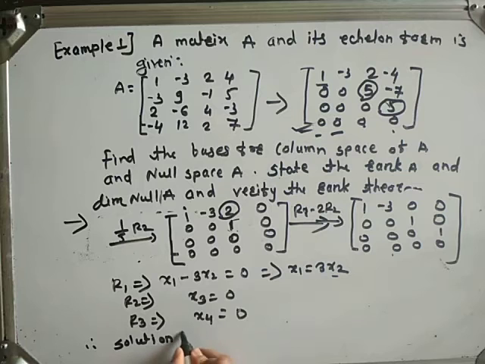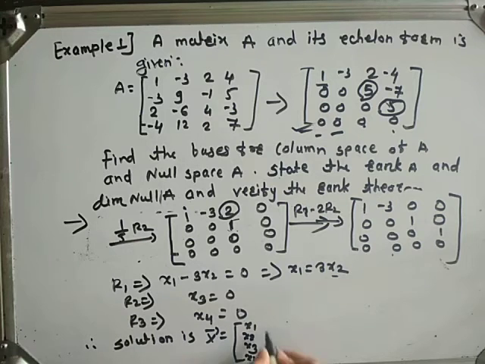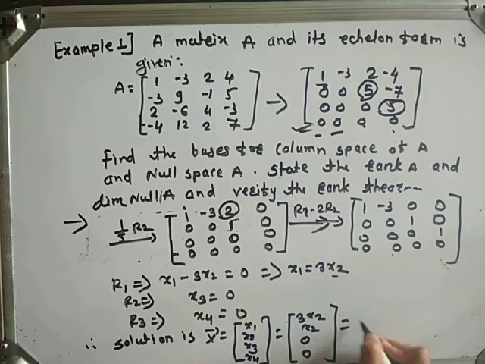Therefore the solution is x bar equals the matrix x1 x2 x3 x4, which is equal to the matrix 3x2, x2, 0, 0. This is nothing but x2 into the matrix 3 1 0 0.